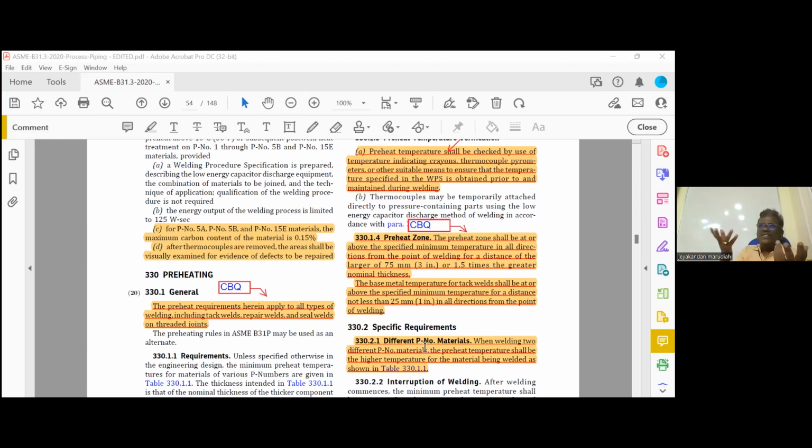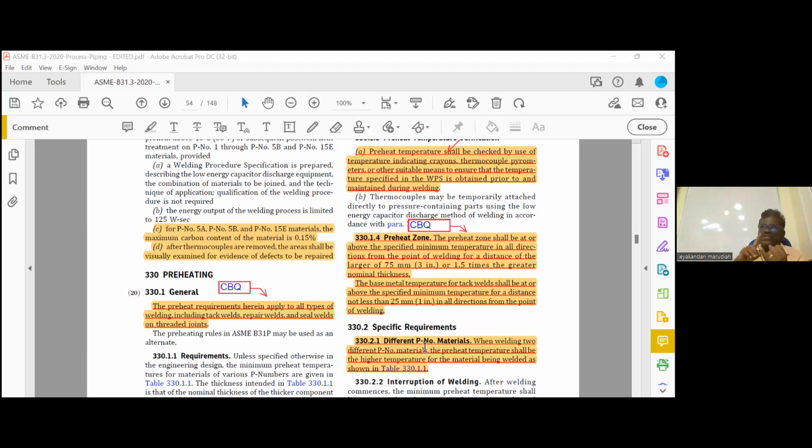Radiography, material doesn't matter. Then coming to the thickness. If you have different thickness, same material, carbon steel, one side 10 mm, one side 15 mm, you are fine. Preheat, PWHT, the higher thickness only we have to take for calculation purposes. Radiography, always the thinner one; acceptance criteria is based on the thinner one.